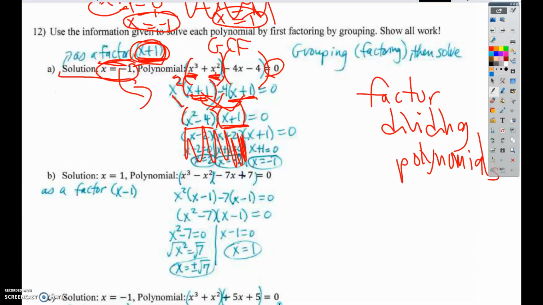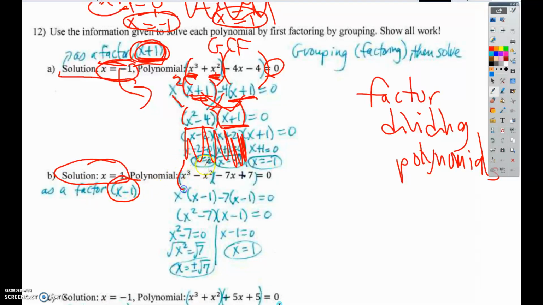Let's try. Okay, 12B is our last grouping polynomial that we're going to use our grouping factoring technique in order to find the last two solutions. Remember, we're given one solution, x equals 1. Therefore, as a factor, it's x minus 1.